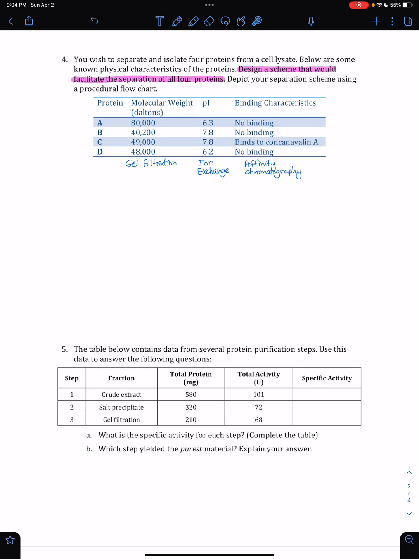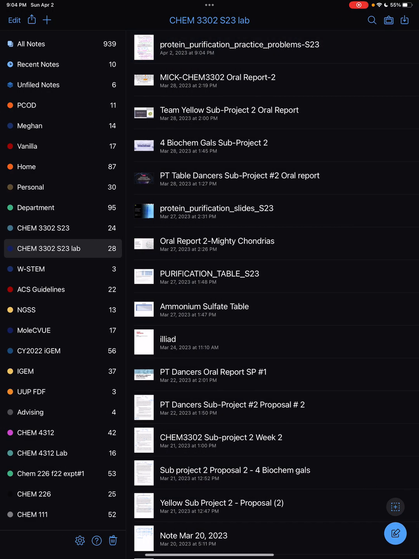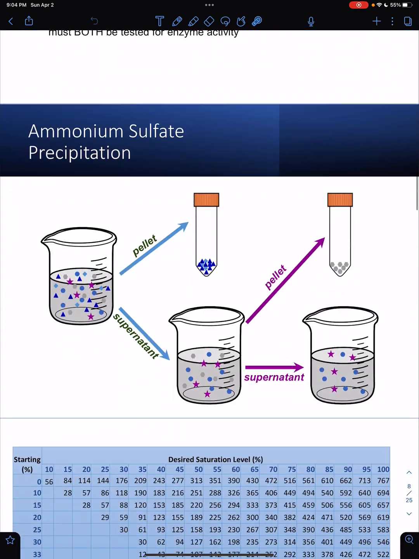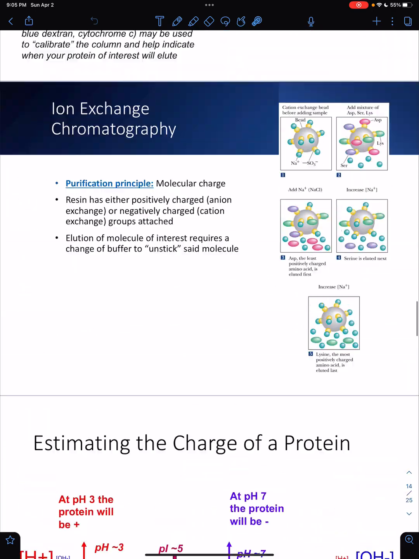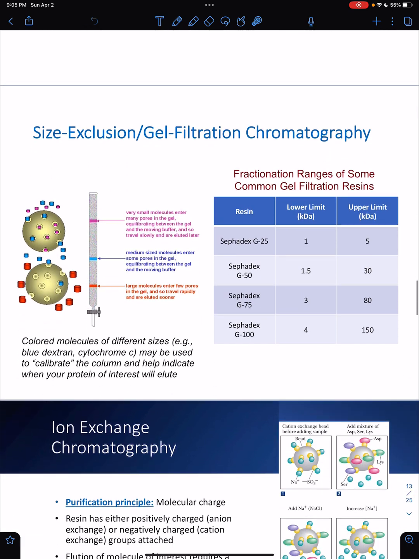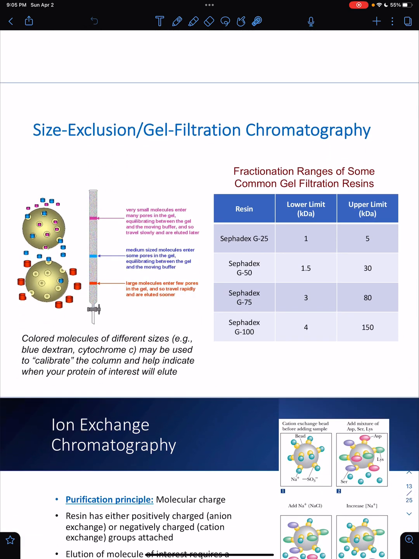All right, so let's just take a few more notes. So I'm going to go back to the purification slides, and we're going to look up the gel filtration resins. Let's see. Charge of protein, ion exchange. Here we go. Okay. So when you make a scheme, you want to be as specific as possible as to what you would use.